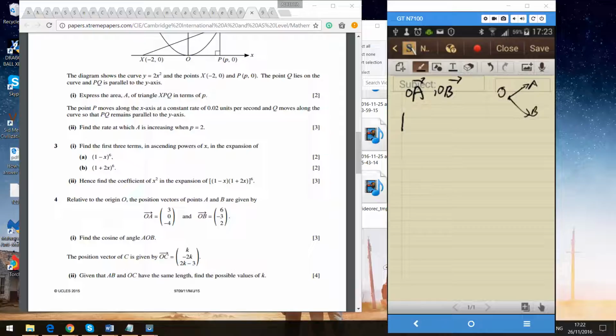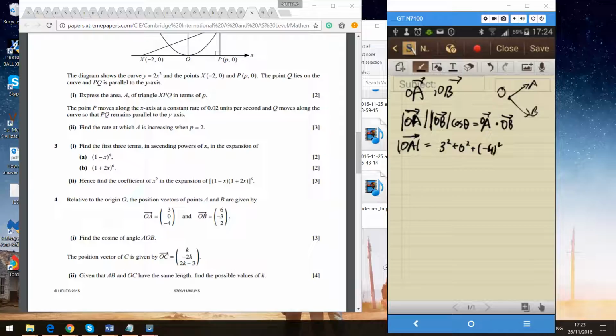So the formula would be: the magnitude of vector OA times the magnitude of OB times cosine theta is equal to the dot product of OA and OB. The magnitude of OA here is given by the square root of 3 squared plus 0 squared plus negative 4 squared.